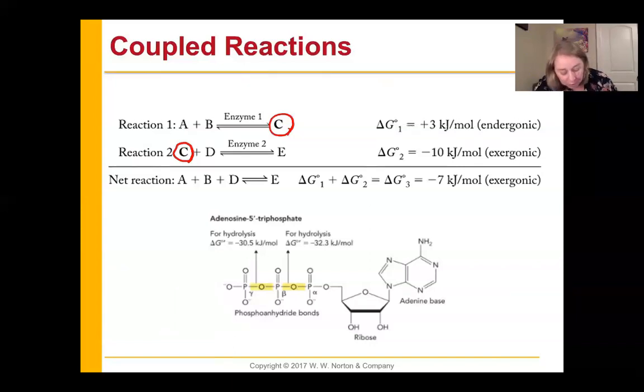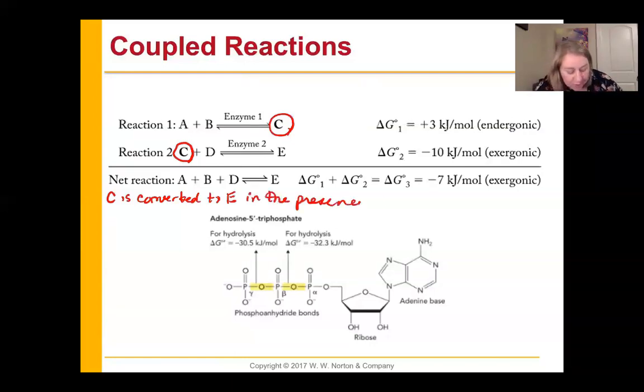So this works because C is converted to E in the presence of D, right? So why does the coupling reaction work? You can look at the delta G's and you can add them up and you can see, okay, mathematically, when I add my delta G's for the two reactions, I'm going to get an overall favorable reaction to occur.